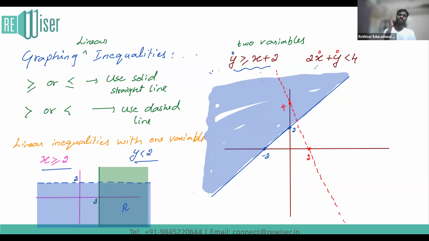So my dashed line would look something like this. And here I can see y is less than. Whenever we have y less than, I have to shade the region which is below this line. Below this line means this entire part, so that's what I shade.